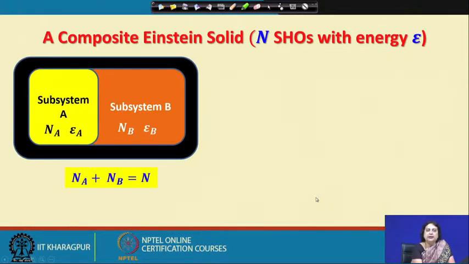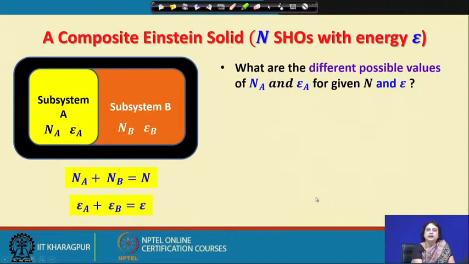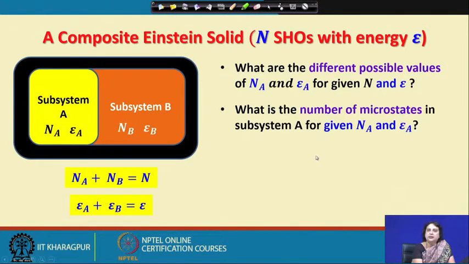Now, the next thing that we ask is, under these two restrictions, what are the possible values of N A and epsilon A if we have specified the total number of simple harmonic oscillators and the total amount of energy available to them. We would also like to ask what is the number of microstates in subsystem A if you assign epsilon A some value and N A some value.